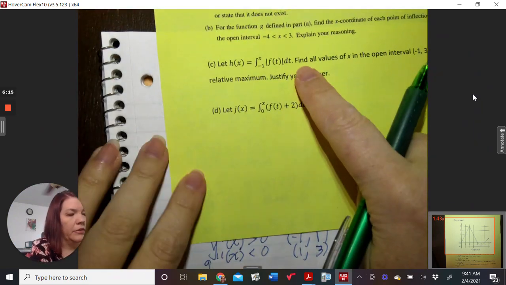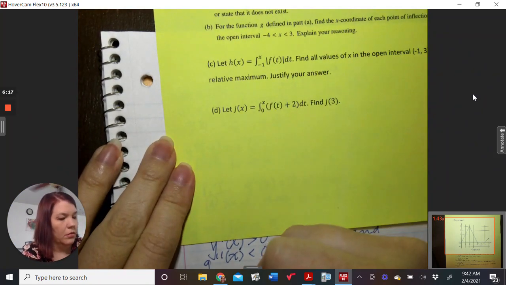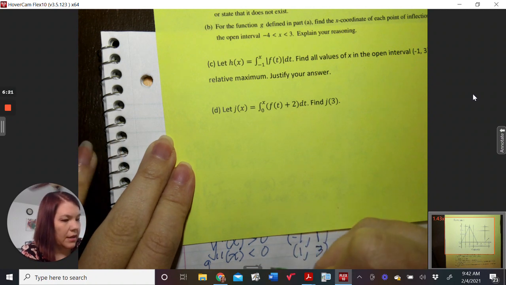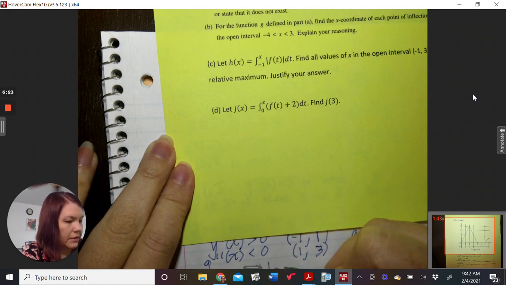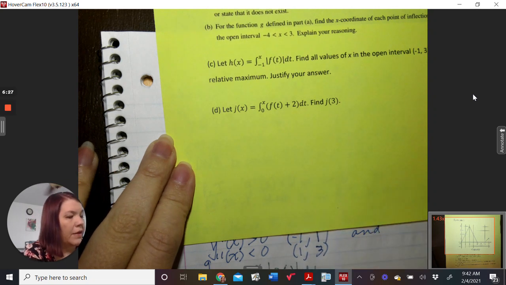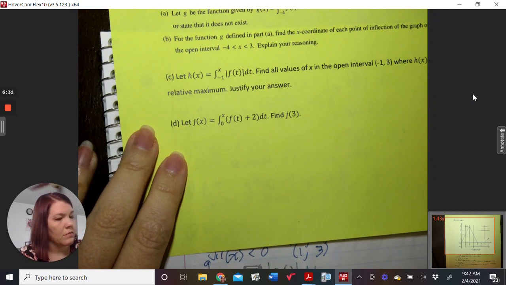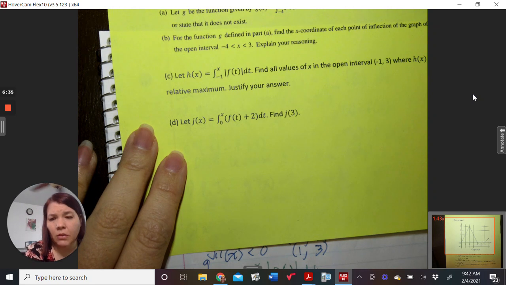Part C says, let h be equal to the integral from -1 to x of the absolute value of f of t dt. Find all values where it has a relative max. Justify your answer. This is a little bit funky. We haven't dealt with the absolute value, but not that big of a deal.